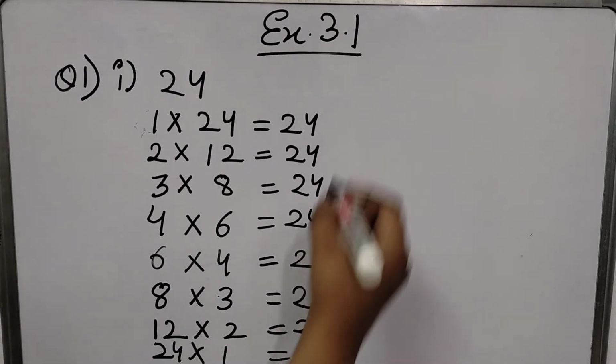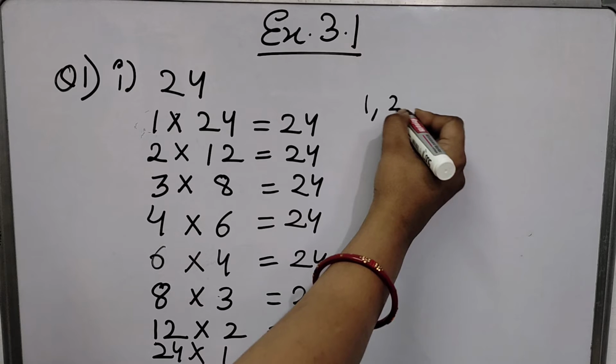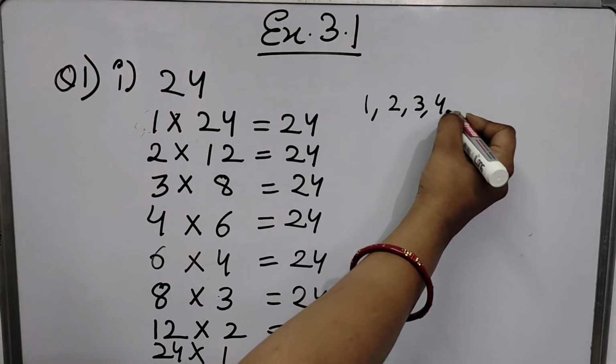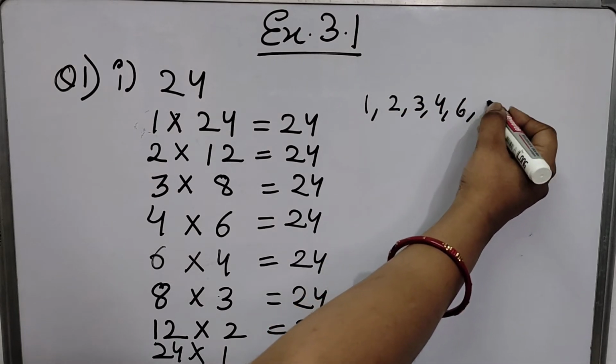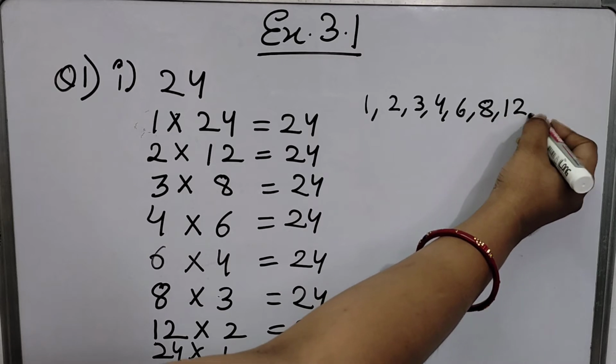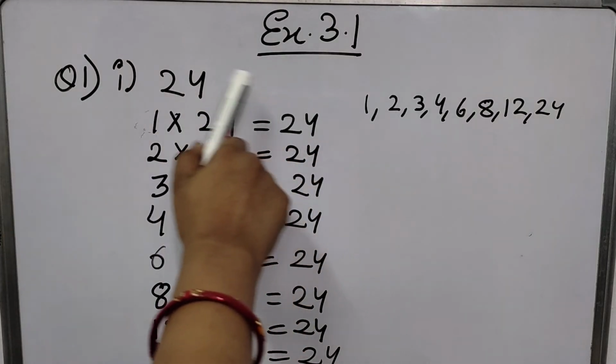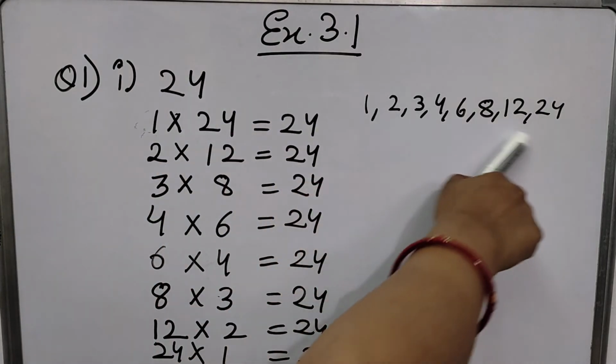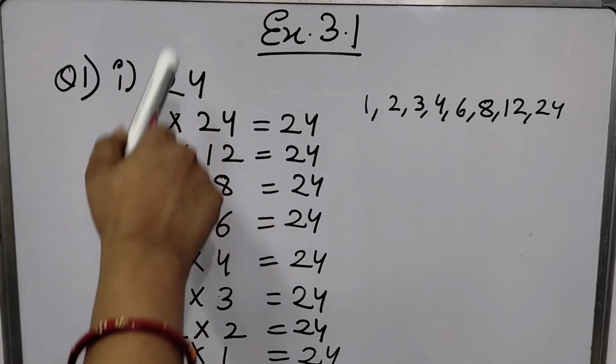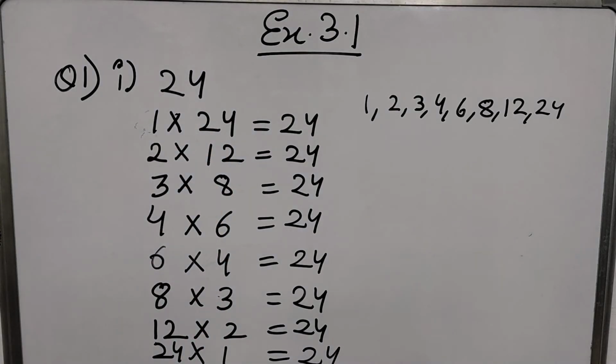So by this we can say 1, 2, 3, 4, 6, 8, 12 and 24 are factors of 24, because if we divide this 24 with these numbers, it will be divided completely, which means there will be no remainder.